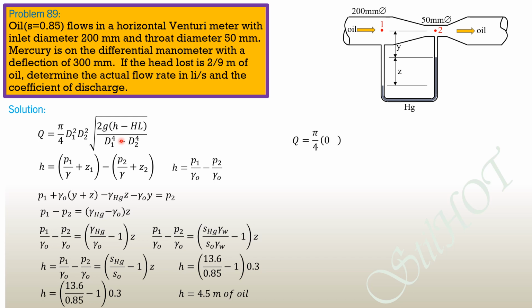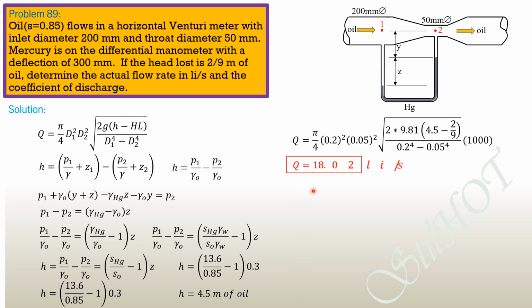So Q is pi over 4 times 0.2 squared times 0.05 squared times the square root of the quantity 2 times 9.81 times the quantity 4.5 minus 2/9, over 0.2 to the fourth minus 0.05 to the fourth, and times 1000 to convert it to liters per second. So Q is equal to 18.02 liters per second.